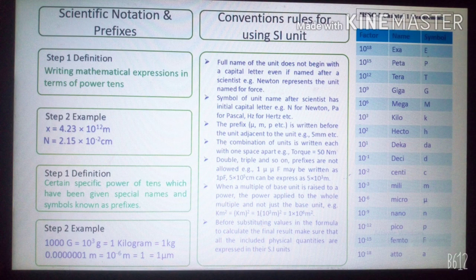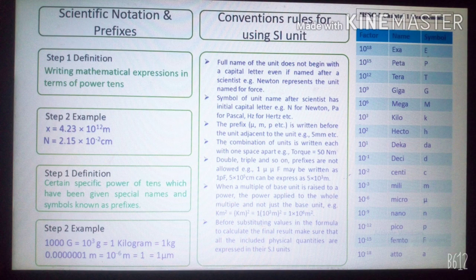So the next topic is conventions and rules for using SI units. First of all, the full name of a unit does not begin with a capital letter even if named after a scientist.